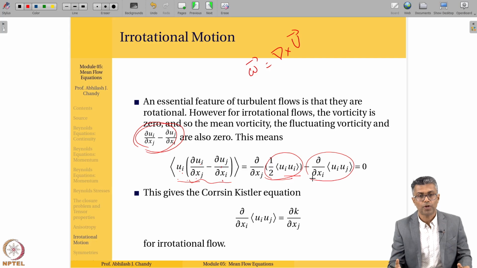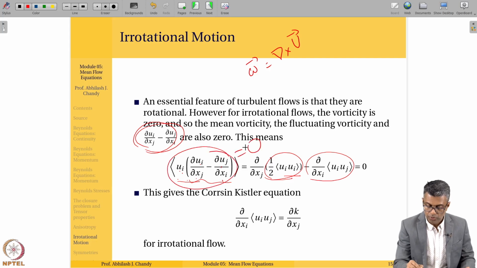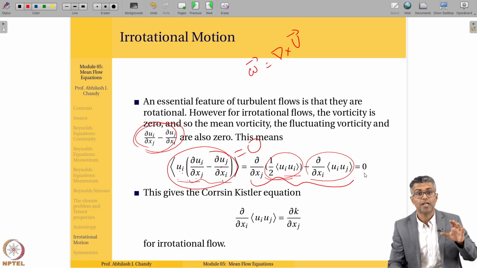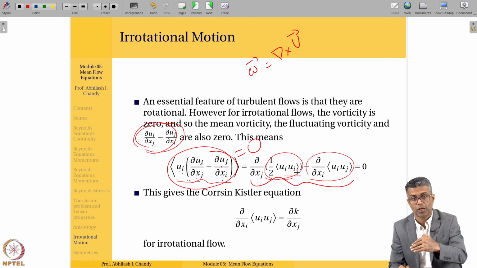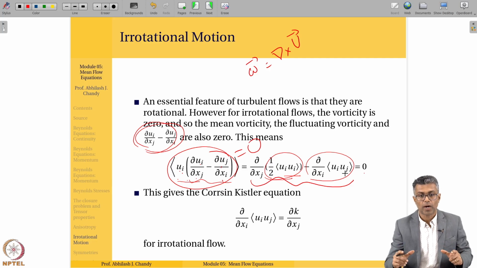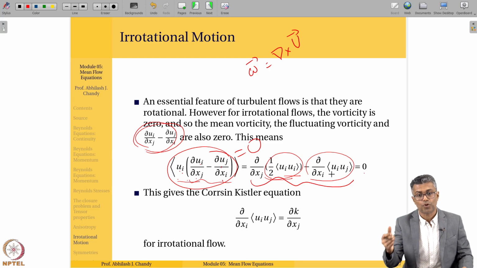And now what we know is that since this is equal to 0, this part is also equal to 0 in irrotational flows. So what we are saying is half ui ui, which is the sum of the diagonal components in the Reynolds stress tensor, and then ui uj, which is again going to be the anisotropic part, isn't it? So del xi of ui uj.